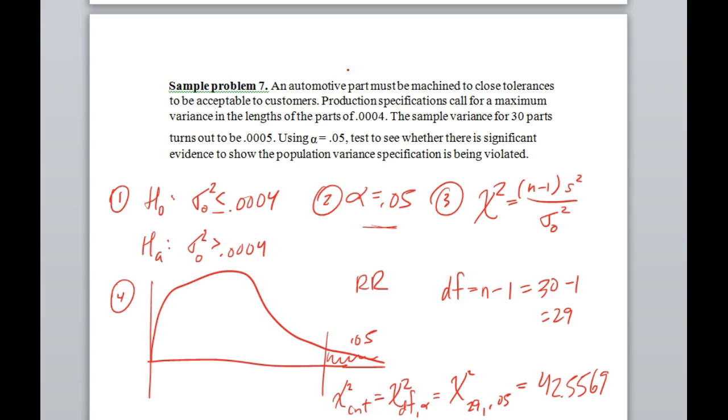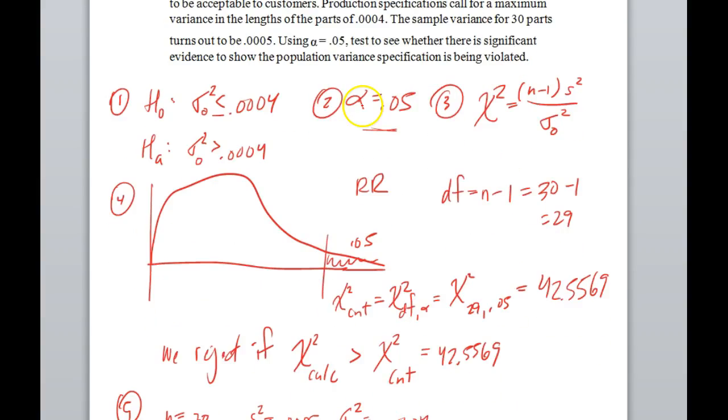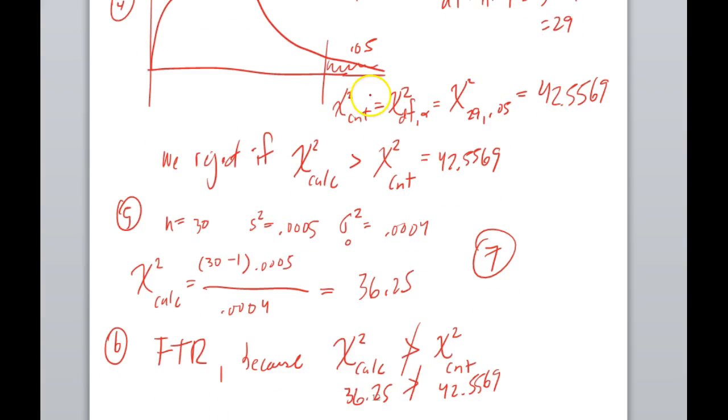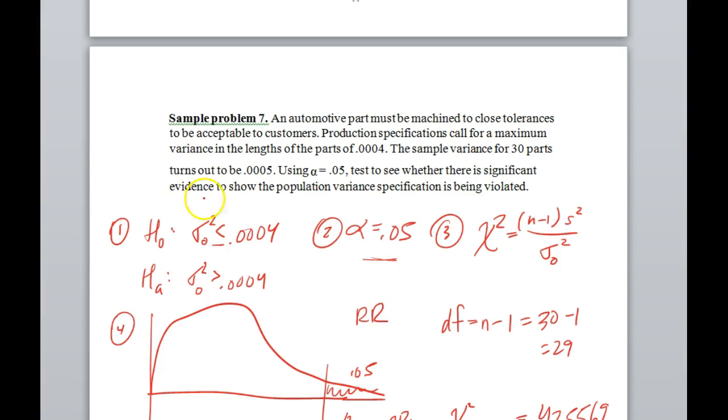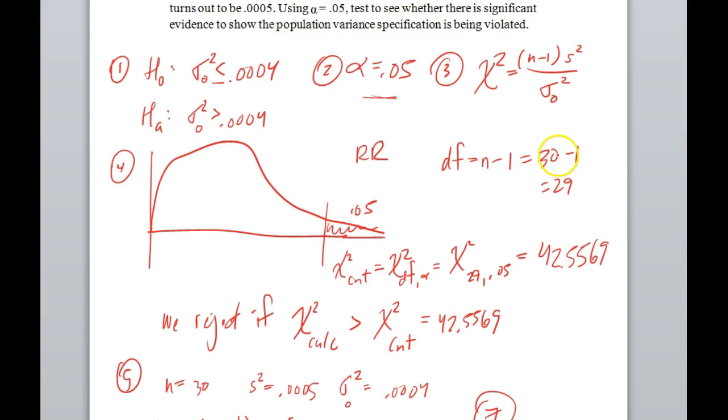We don't have significant evidence to show that the population variance is greater than 0.0004. Any of that would be acceptable, just so long as you're telling me exactly what this part in 6 means in terms of problem 7, in terms of what we're actually managerially or real world looking for in this problem, not just math.